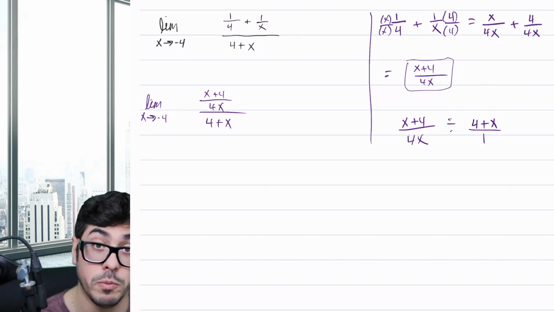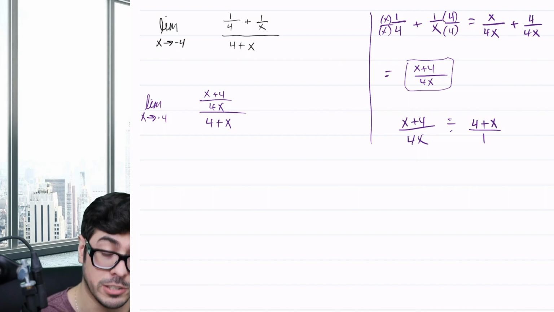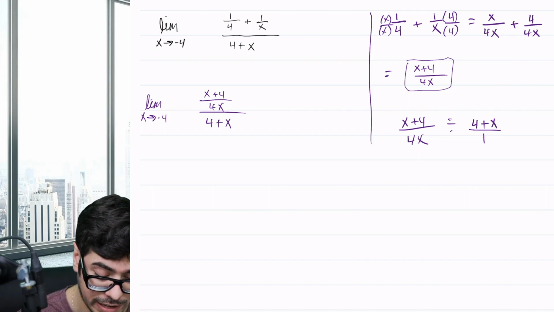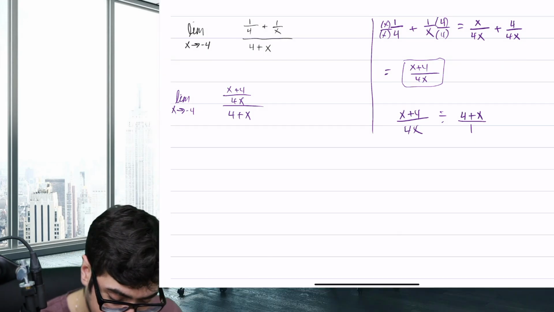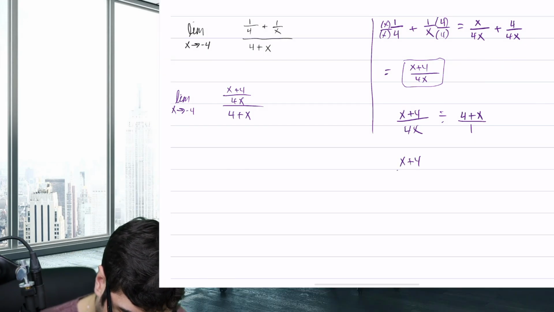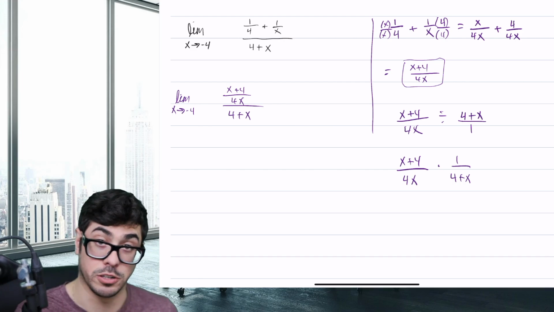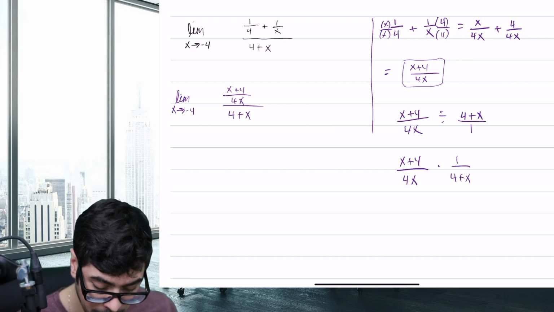What we do when we divide by fractions is flip the second one, or take the reciprocal, and turn that division into multiplication. So this becomes x plus 4 over 4x times 1 over 4 plus x. The reason that flipped is because I took the reciprocal, and that's what you do with fractions.